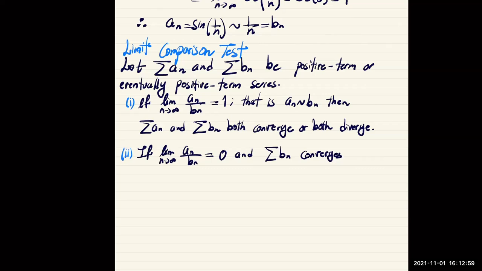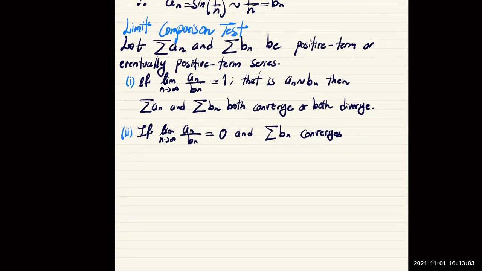So let's hold on and think about this a little bit. Imagine the limit is 0. Well, a limit is 0 if the denominator is more powerful than the numerator. B sub n gets large faster than a sub n.